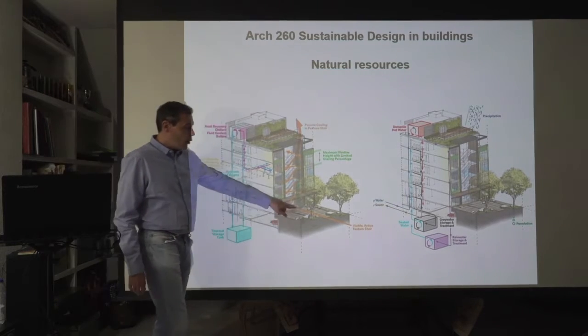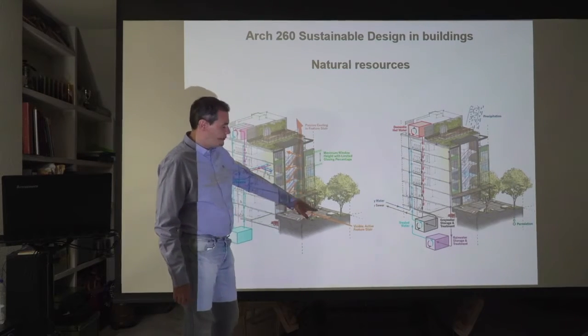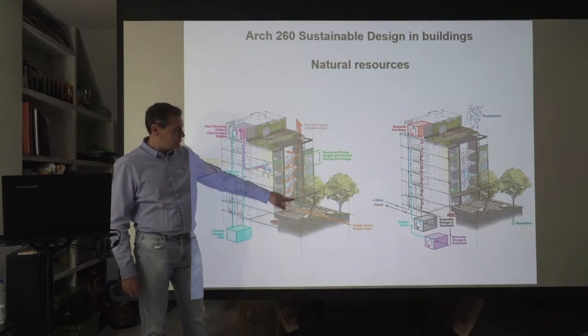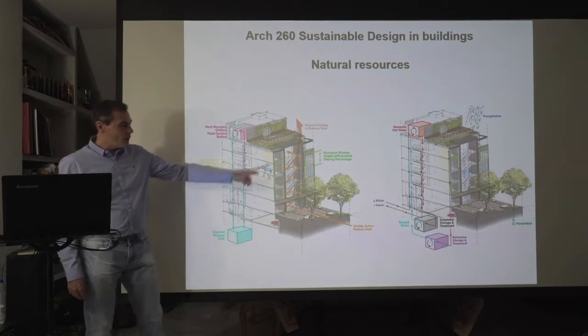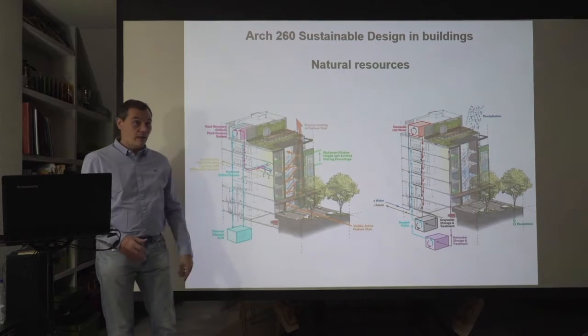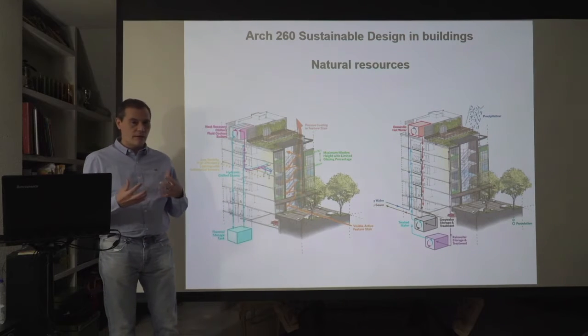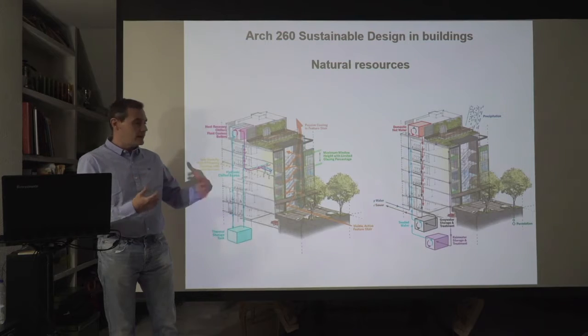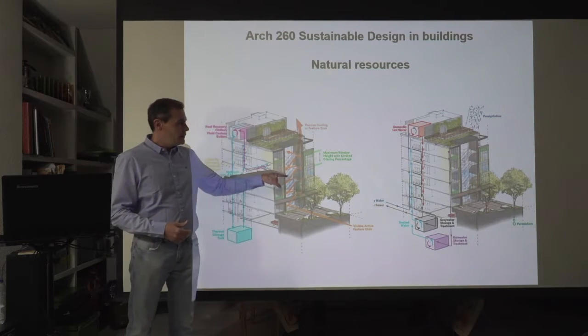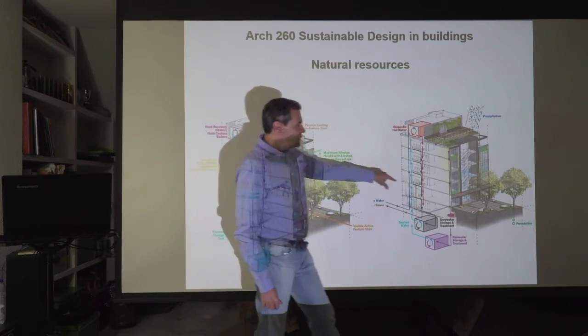We need openings to provide the building with fresh air. We need openings, we need glass. Glass is an amazing element. It's transparent, and it allows the sun energy and the sunlight to enter the building. And finally, we need trees here.